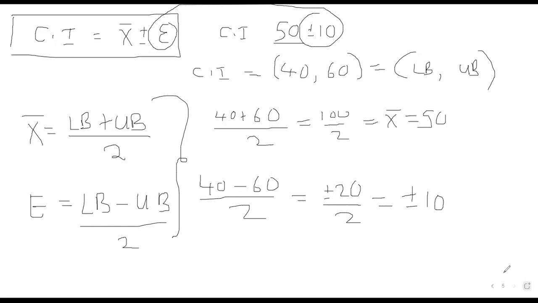So now to combine what we've just learned, suppose we're told that, what name can I choose? Helena. The confidence interval for Helena's walk from home to school is between 40 and 60.